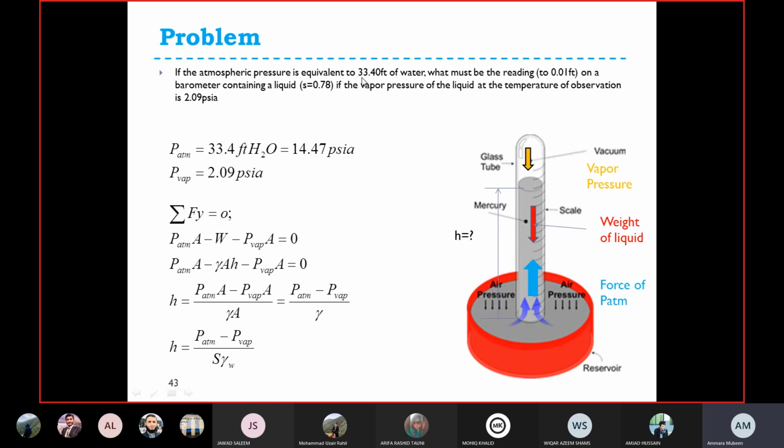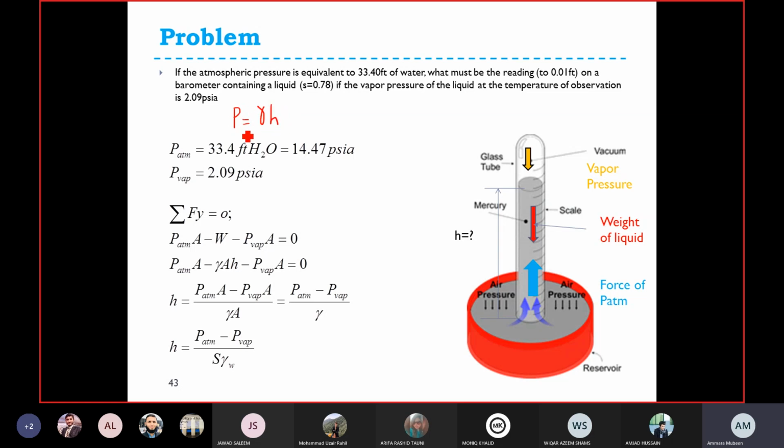If you are providing the value of pressure head, then you must specify the pressure head of which liquid you are giving. So they have specified that pressure head of water is 33.4. So to convert this into the pressure intensity unit, one term is called pressure head and the other term is called pressure intensity. And the relationship between the two would be the same which we just have discussed, like P is equal to gamma into H.